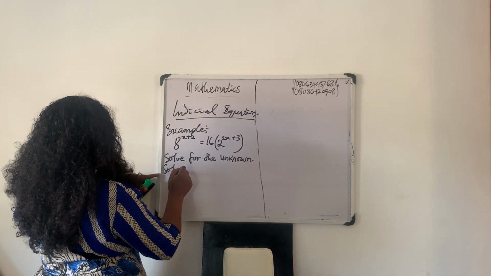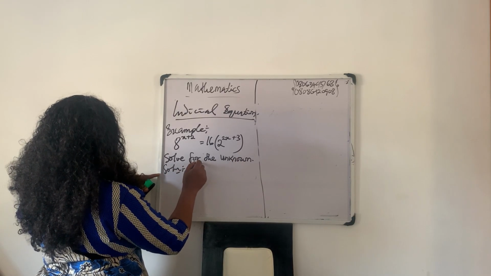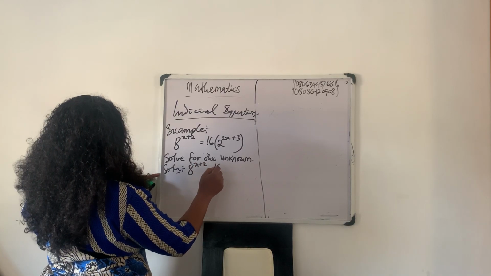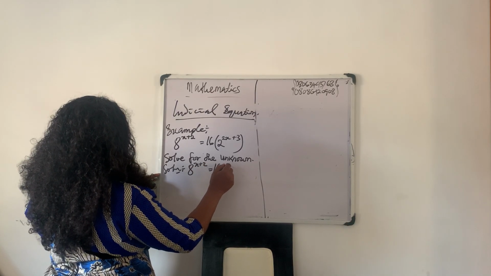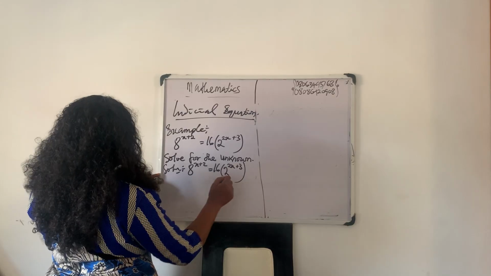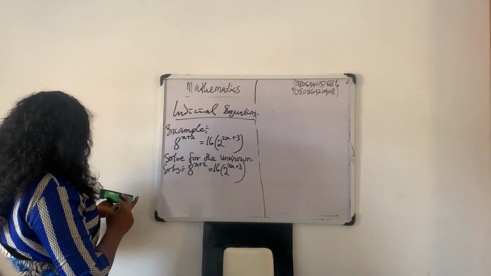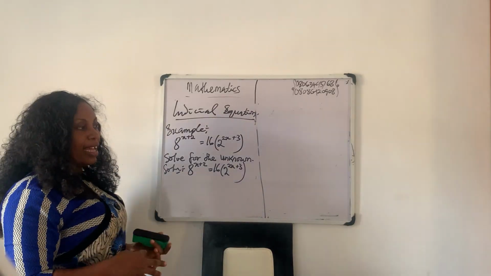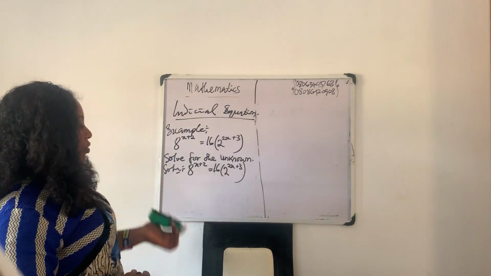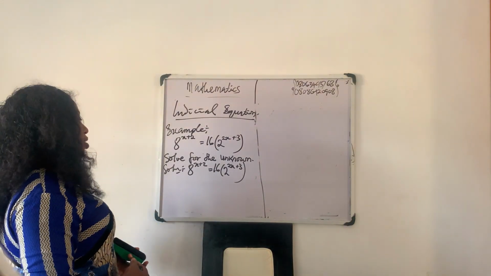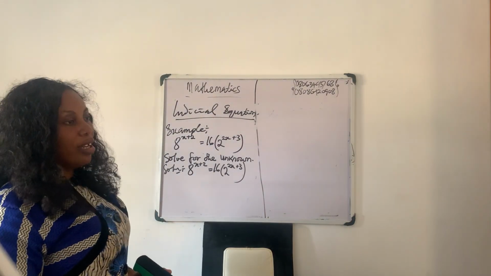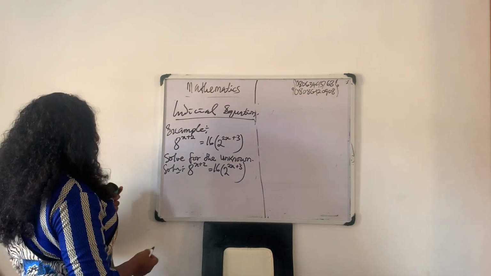Solution: you have 8 raised to the power x plus 2 equal to 16, 2 raised to the power 2x plus 3. Make sure the bases are equal at both the left and right hand side so that you'll be able to get the value for the unknown.